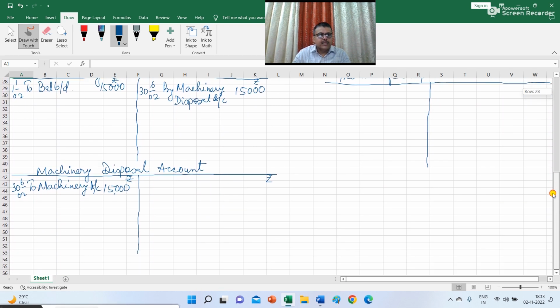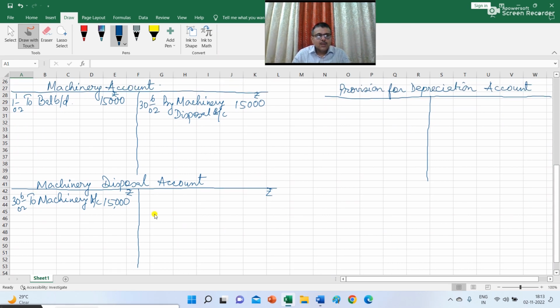So I have to write here on 30th June 2002 as by provision for depreciation account, and the amount will be the opening balance of 6,000 plus 750, which is the amount of depreciation charged during the year for 6 months. So 6,750.